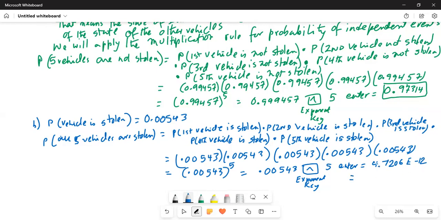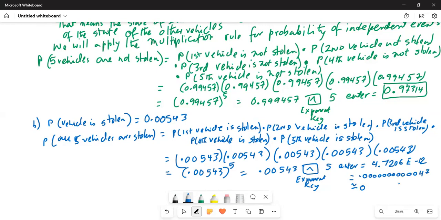It means the first digit 4 is after 11 zeros, or the first digit 4 is at the 12th place after the decimal. 0.00005 zeros, and 6, 7, 8, 9, 10, 11, and then the first digit at the 12th place after the decimal, and so forth. So this is almost equal to 0.